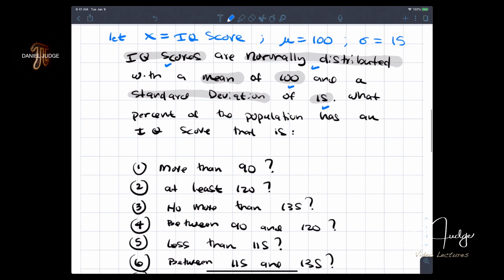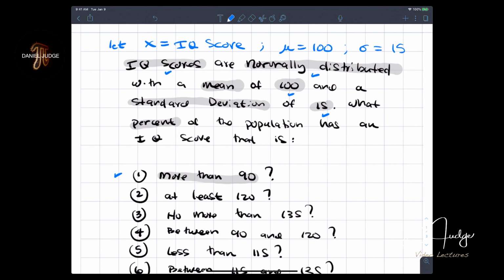Here's my first question, question 1, right here. They want to know what percent of the population has an IQ score that is, I'm reading right here now, more than 90. More than 90. This means X is greater than 90.